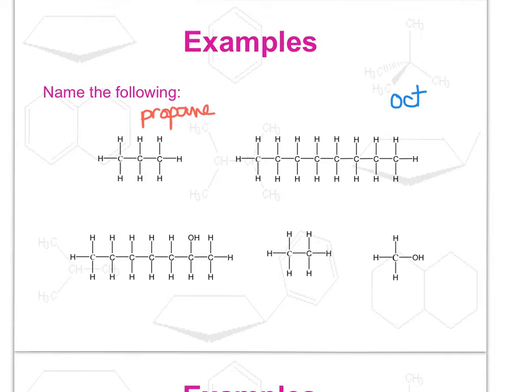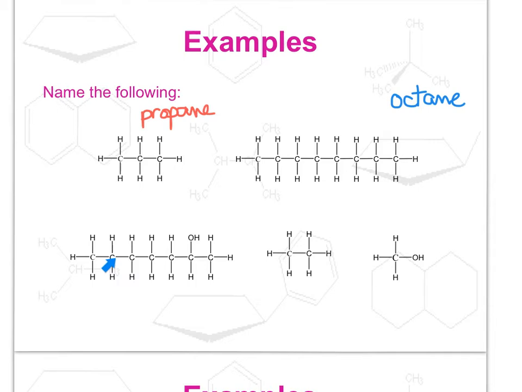They're all single bonds, and so there's nothing special here, so it's just an alkane. So octane. Have you heard of octane, like octane ranking in gasoline? Octane is one of the parts in the gasoline mixture. So there's an octane rating when you fill up your gasoline. Okay, let's look at the next one.